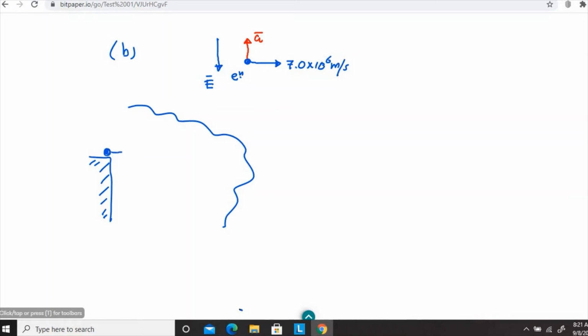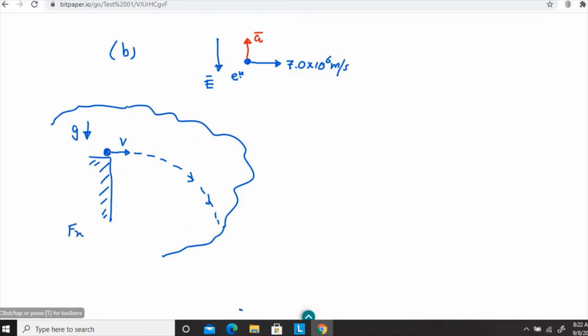You project a particle in the horizontal direction, and since gravity is vertically downward, the particle goes like this in a curved path. So that's the path of the particle. So that's the same thing that happens over here.